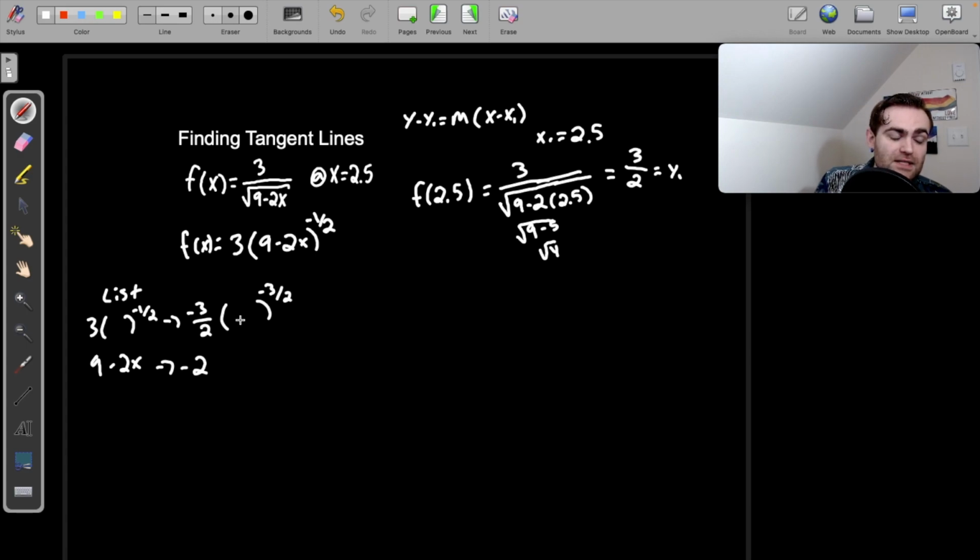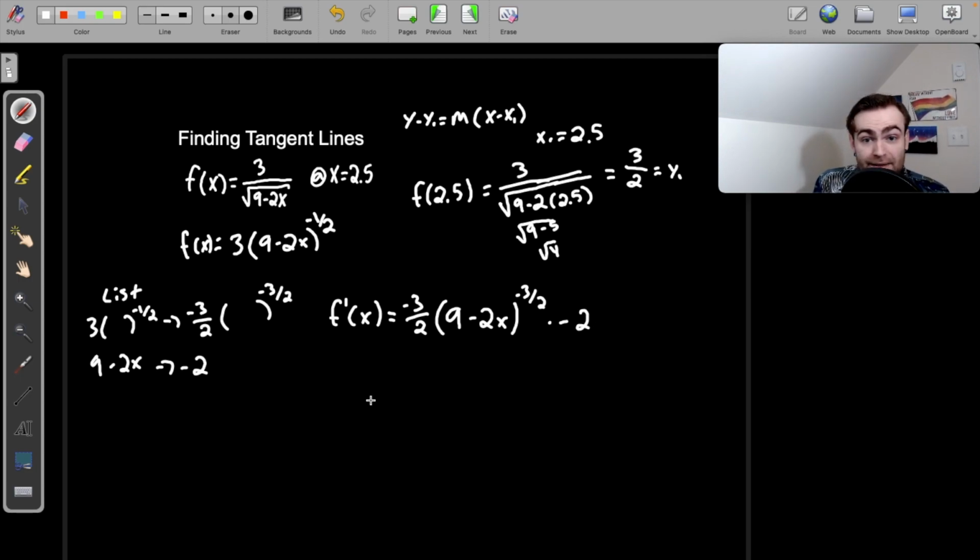So this is the structure. Let's rewrite it. So we have f prime of x is equal to this negative 3 halves, keeping the inside the same, so we have this 9 minus 2x, to the power of negative 3 halves, times a negative 2.